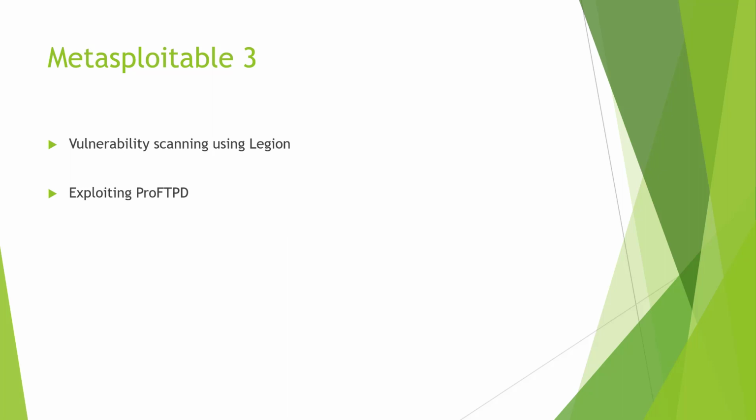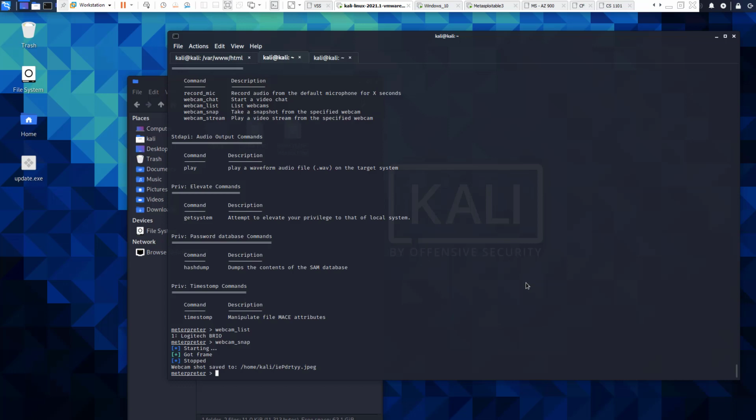So at the beginning of this video, I did say we were going to do Metasploitable 3. So we're going to look for vulnerabilities. We're going to use the built-in tool Legion, and we're going to exploit one of the vulnerabilities inside Metasploit. We're going to be specifically exploiting ProFTPD in Metasploitable. So let's jump into Kali, and let's see what we can do. So we still have everything open from our Windows machine.